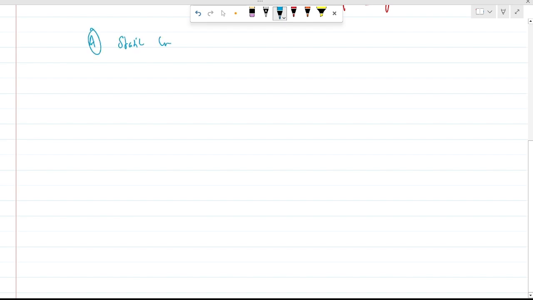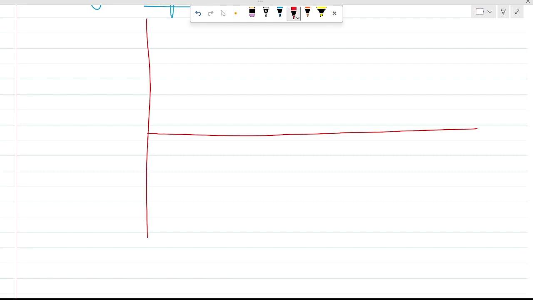Static lung volumes, okay. We'll start the discussion off with a graph here. In this graph, we will discuss all the necessary static lung volumes, okay. Now it's a positive line. Above, this is our inspiration part, and below, this is our expiration part, okay. So first we'll draw a graph here.